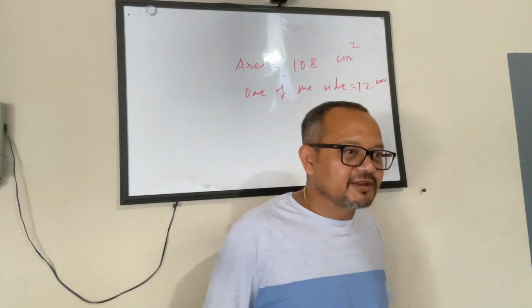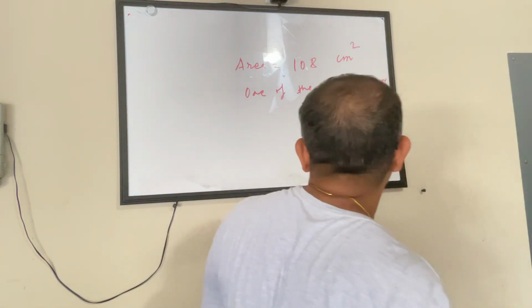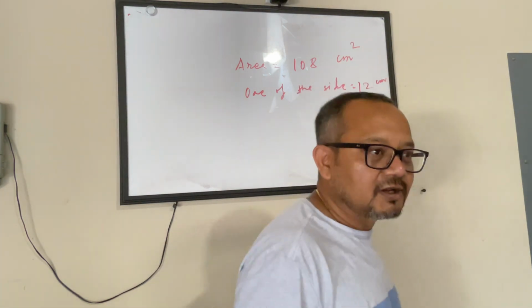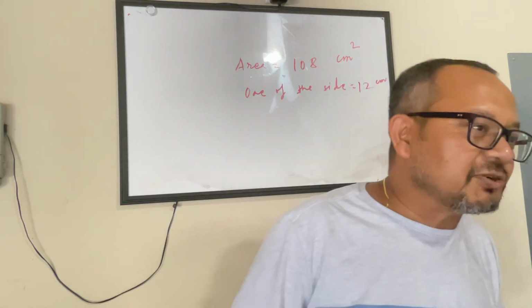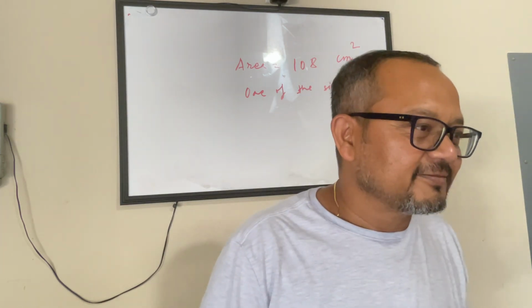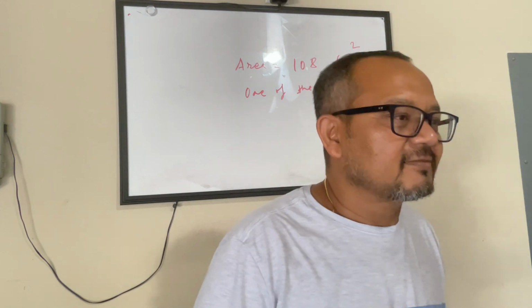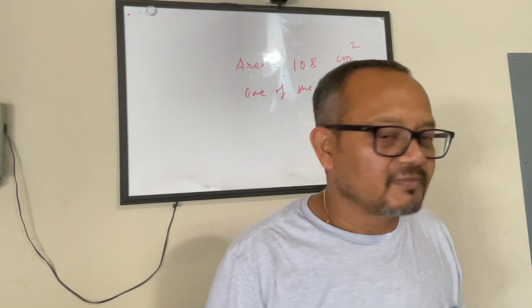Okay? Yeah, tell me. I think the answer is 42. I think you're right, but I would want to hear more from you to understand how did you get that. So I got 108. I divided it by 12 and I got 9.